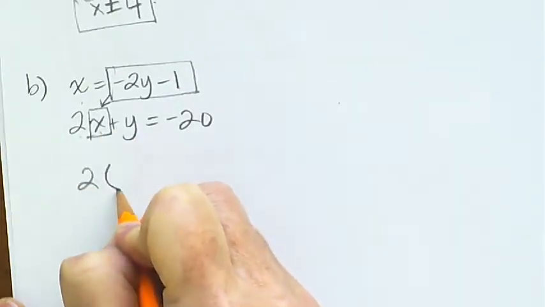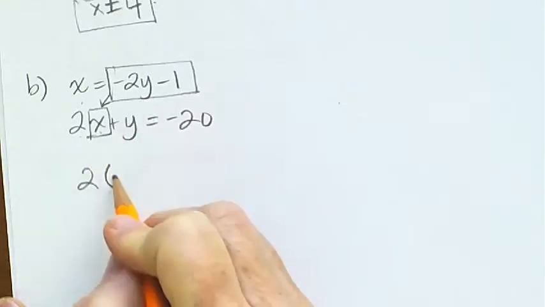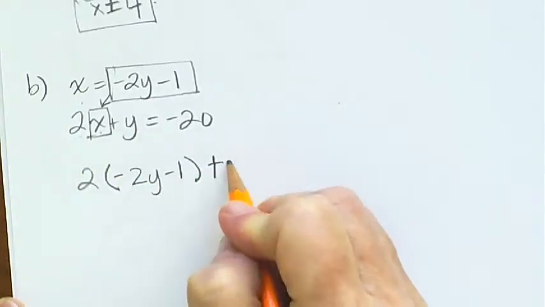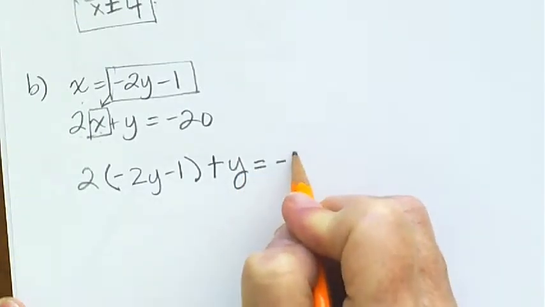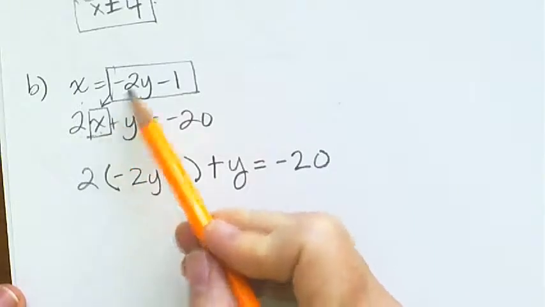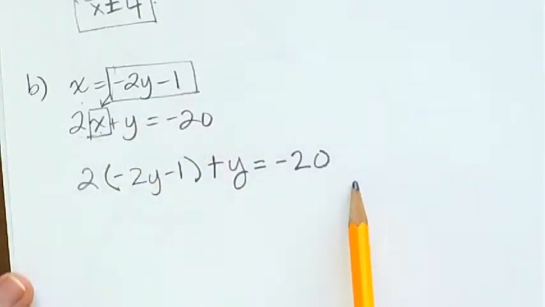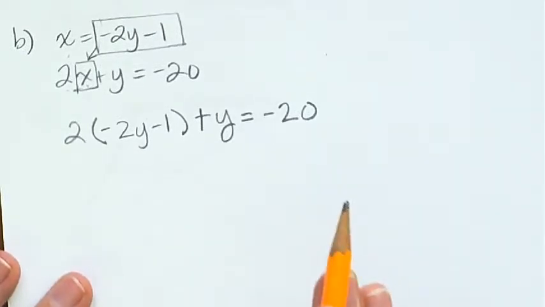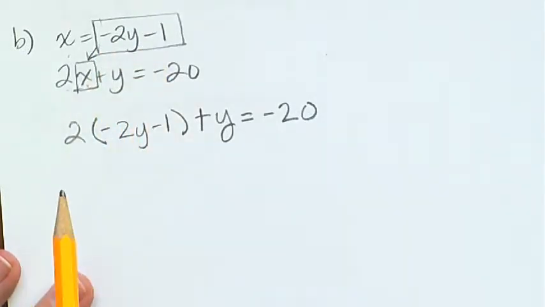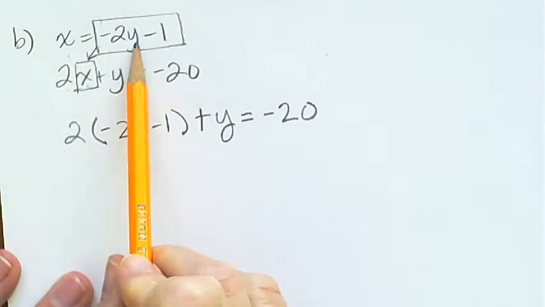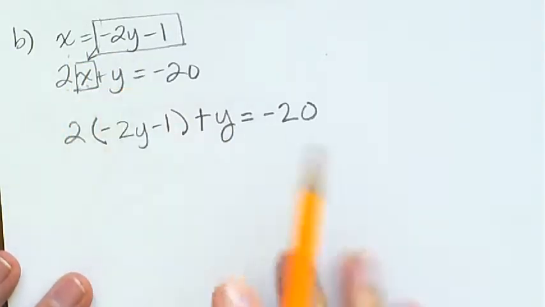So 2, and instead of writing x, we're going to put negative 2y minus 1, plus y equals negative 20. All I did was switch that out. And now I have an expression with one variable. I can solve for one solution. Here I cannot solve for one solution because I've got two variables. That's a line. There's an infinite number of points in a line.